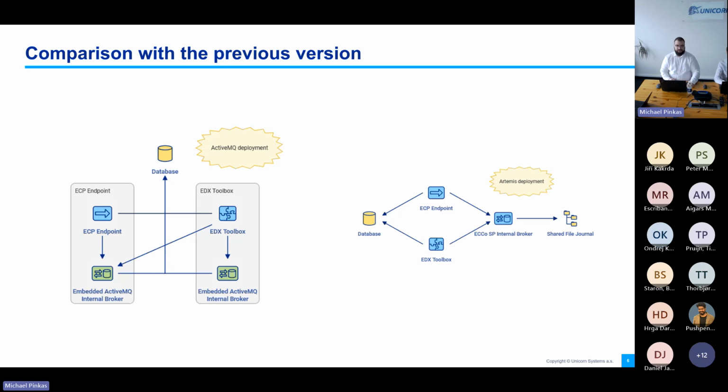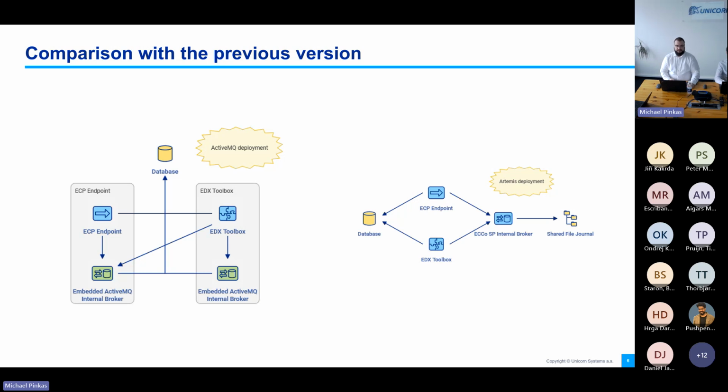In that case, the internal broker was using the KahaDB, or it was a shared external database, as described on the picture. That's what we call the ActiveMQ deployment. This picture applied for the ECP 4.12 and EDX 1.13 and older versions.